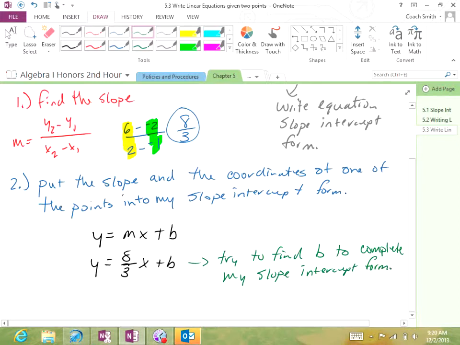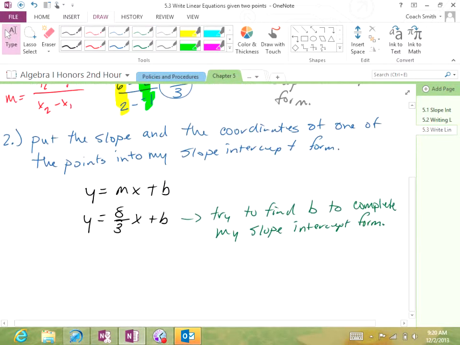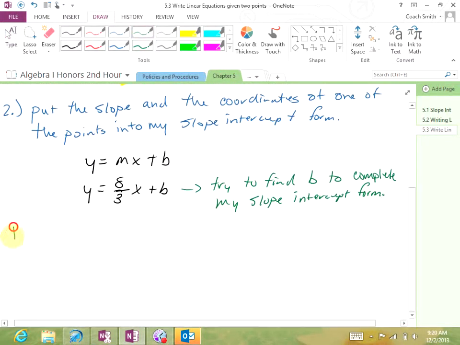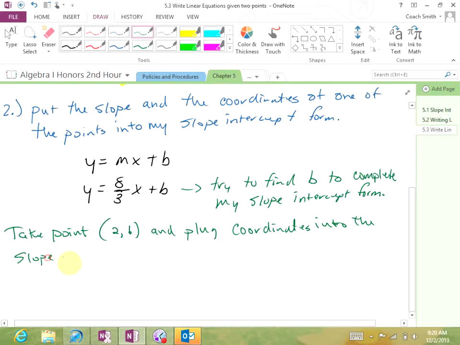I found the slope, and here's what we're going to do. We're going to take the point (2, 6) and plug the coordinates into the slope-intercept form.